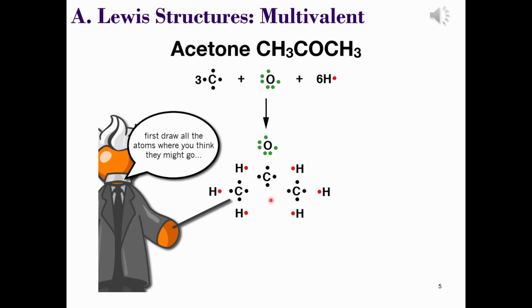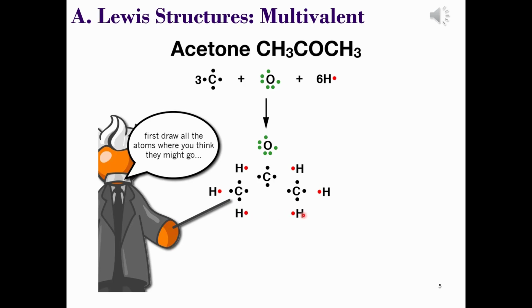The next thing is to find the number of electrons needed to make each atom happy. Carbon will need 4 electrons to attain an octet, oxygen requires 2, and hydrogen 1, for it to attain the duet. Step 3 is to determine the number of bonds in the molecule. Carbon is going to form 4 bonds, oxygen 2, and each hydrogen forms 1.